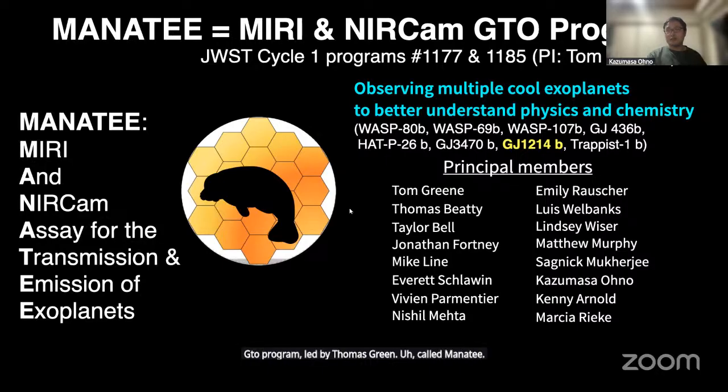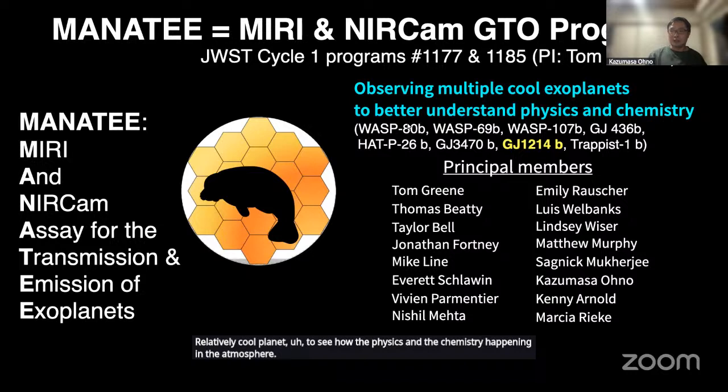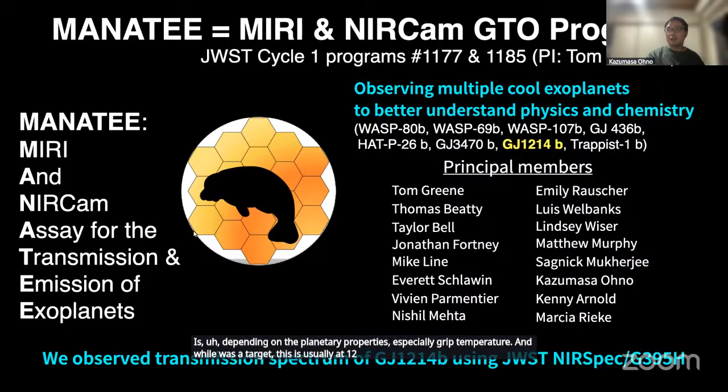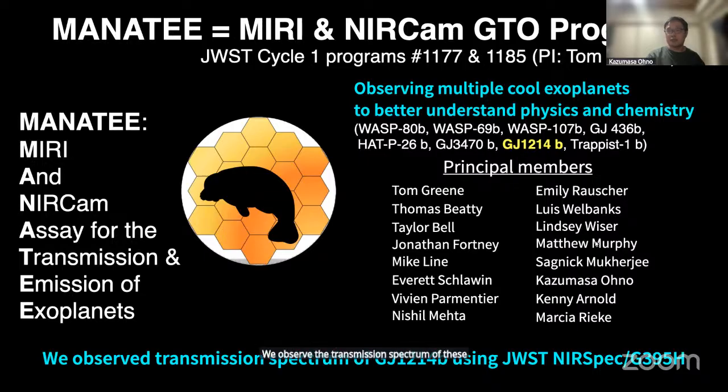In short, this program tried to observe multiple relatively cool planets to see how the physics and chemistry happening in the atmosphere depend on planetary properties, especially equilibrium temperature. One of the targets is GJ 1214b. We observed the transmission spectrum of this planet using JWST NIRSpec G395H.